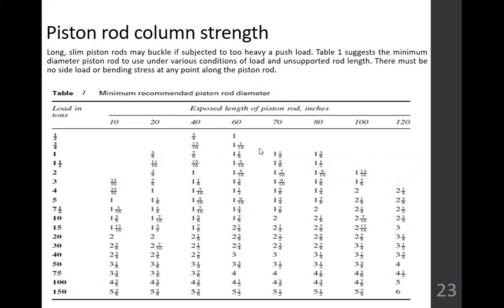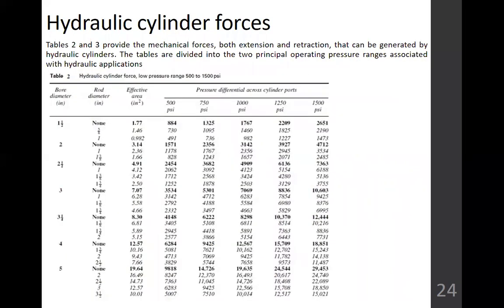So itong table na to, magiging reference niya later sa pagtrabaho niya. Hydraulic cylinder forces. Ito nako-compute to. Okay. Table 2 and 3 provide the mechanical forces, both extension and retraction, that can be generated by a hydraulic cylinder. The tables are divided into two principal operating pressure ranges associated with hydraulic application.